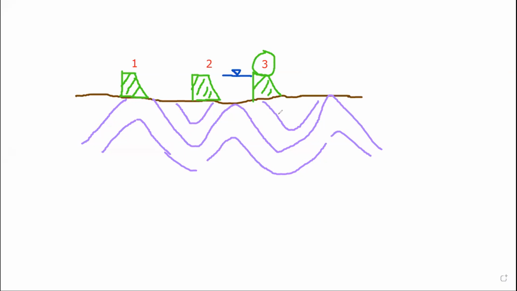The rocks are inclined like this. There is a chance of water seepage from this area, and this water may flow like this in the future. And when water circulates from the bottom of the dam wall, then it is very dangerous for that dam, because there is a chance of the collapse of that dam. That's why such conditions are not suitable for the dam. So it is a very unsuitable location for the dam.